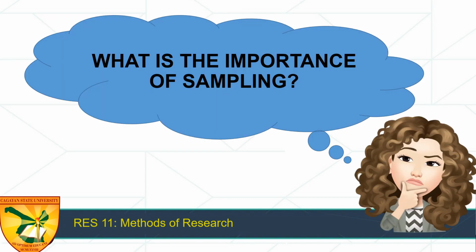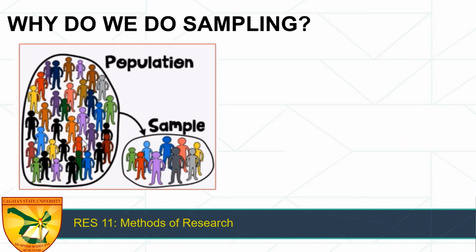So why do we do sampling? Sampling is a process of selecting only a portion of the whole population so that inferences about the population can be made. It is actually convenient to have multiple observations from the population rather than go around and test everybody in the population.